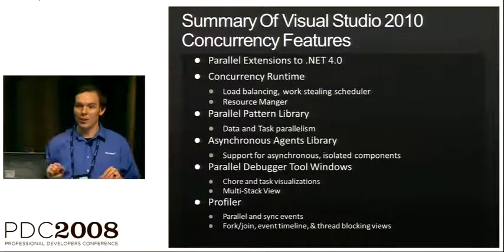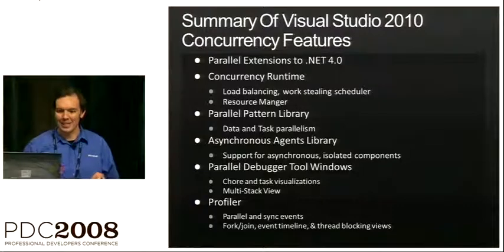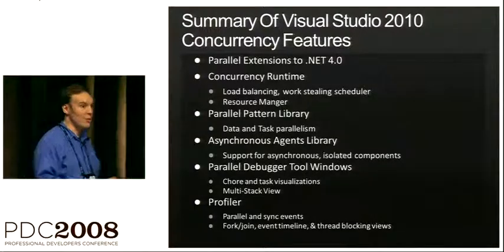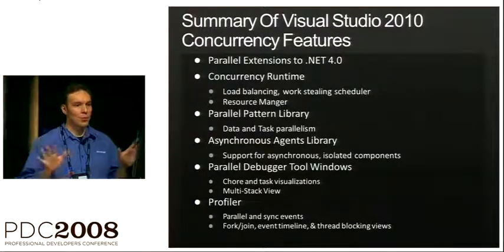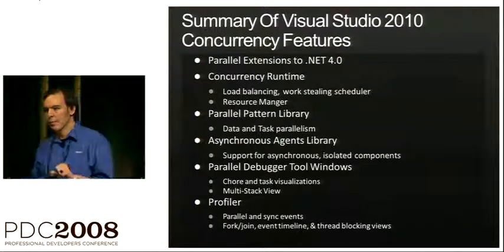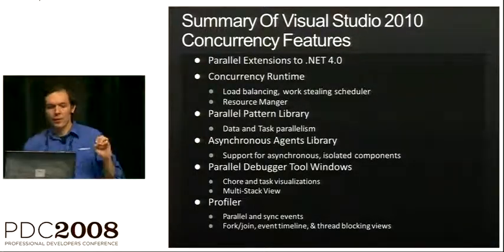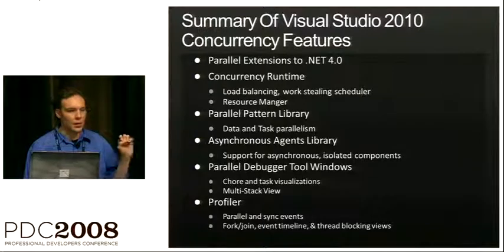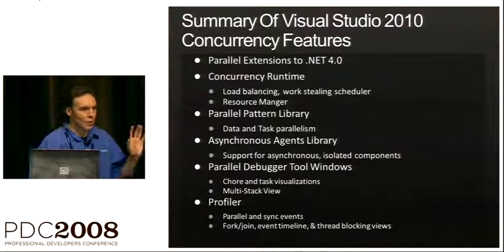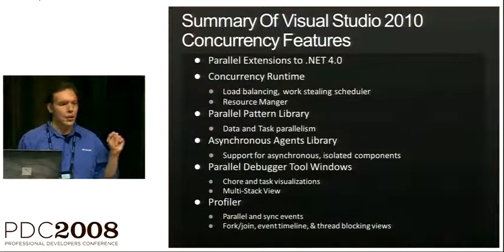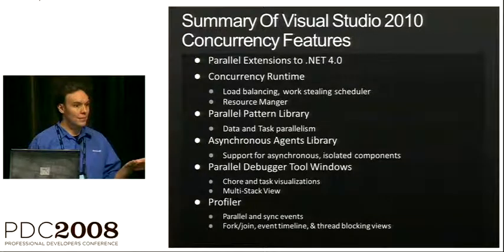Again, Daniel Moth is talking about that in just a couple days. On the native side, we have the concurrency runtime with the load balancing work stealing scheduler. We have the parallel pattern library for data and task parallelism. And we have the asynchronous agents libraries. We also have the parallel debugger tools and the concurrent profiler. Great. Okay.